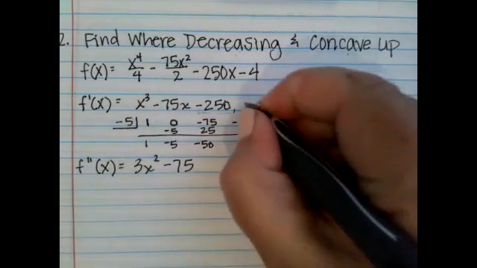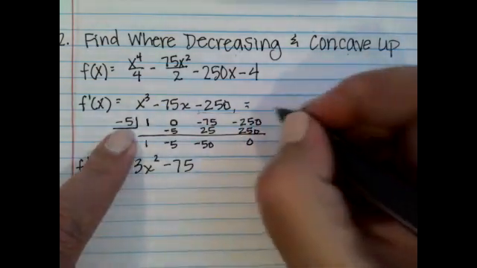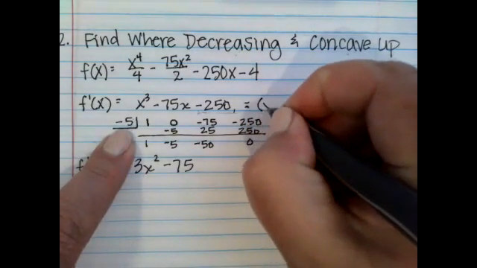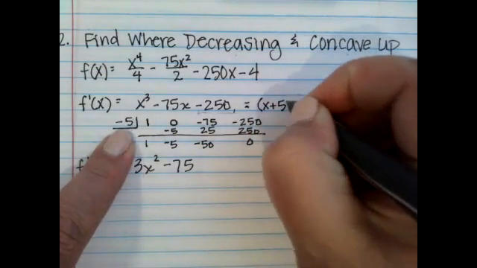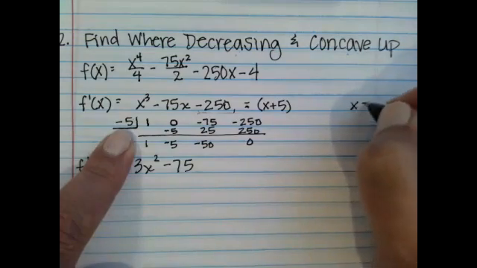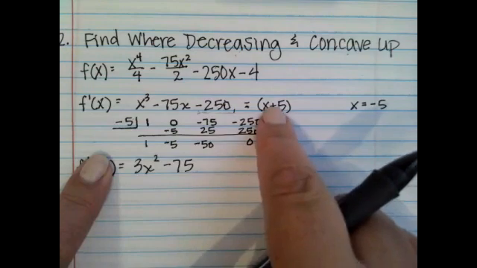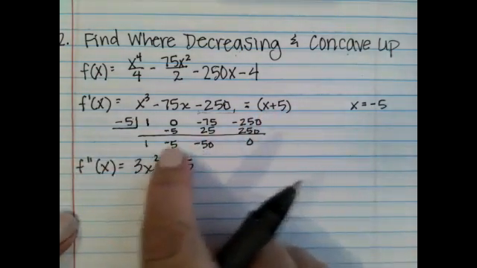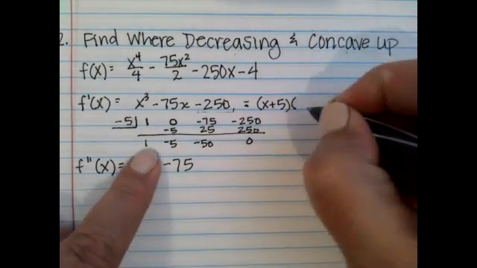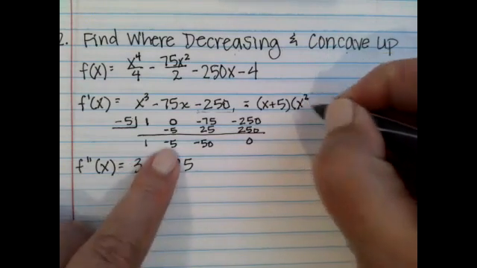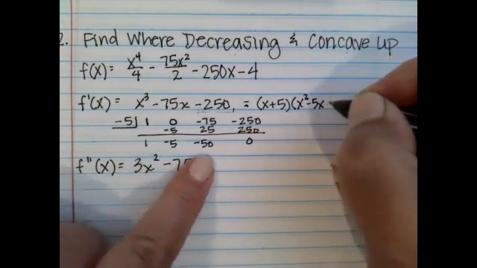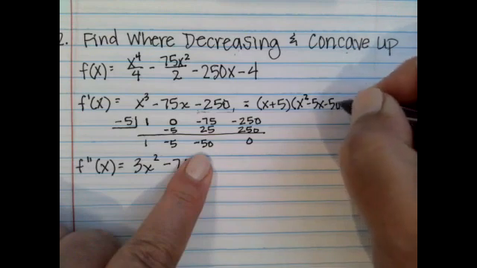And so when I go to factor this, that's going to be one of my solutions, which gives me a factor of x plus 5, or a critical value of x equals negative 5. So that's my critical value. And that's how you would write it as a factor. And then this is kind of like what's left. And so that would be an x squared. And that would be a minus 5x, and that would be a minus 50.